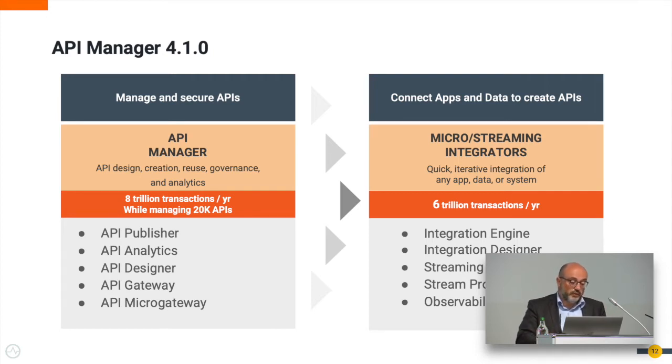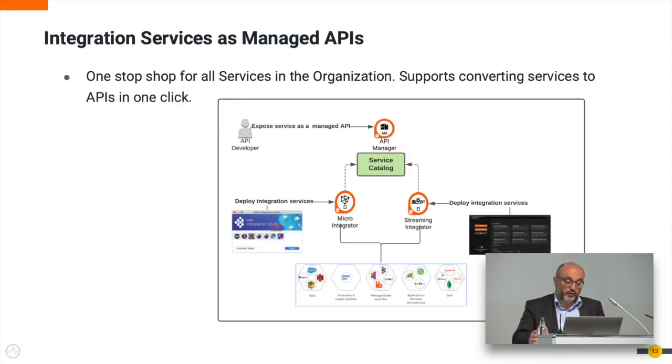One is the gateway for more traditional monolithic deployment, or the micro gateway for a microservices approach. And with the two components, as you can see in these slides, you can realize what we call a one-stop shop for all services in your organization.